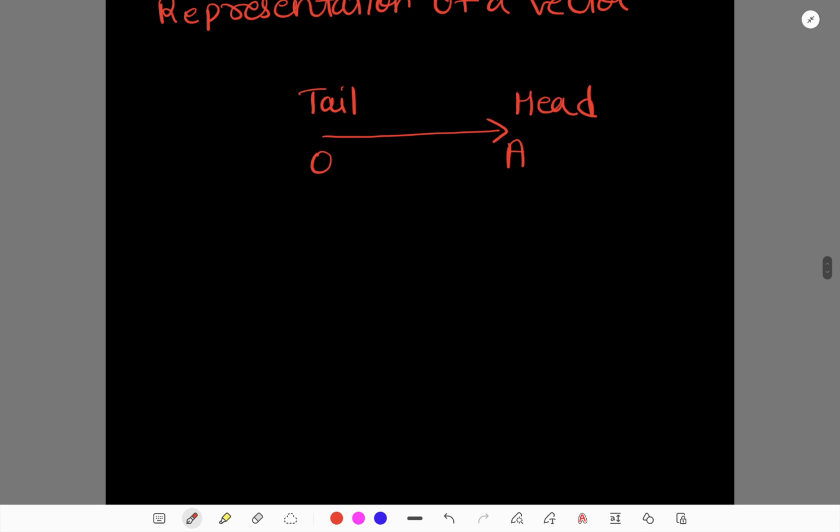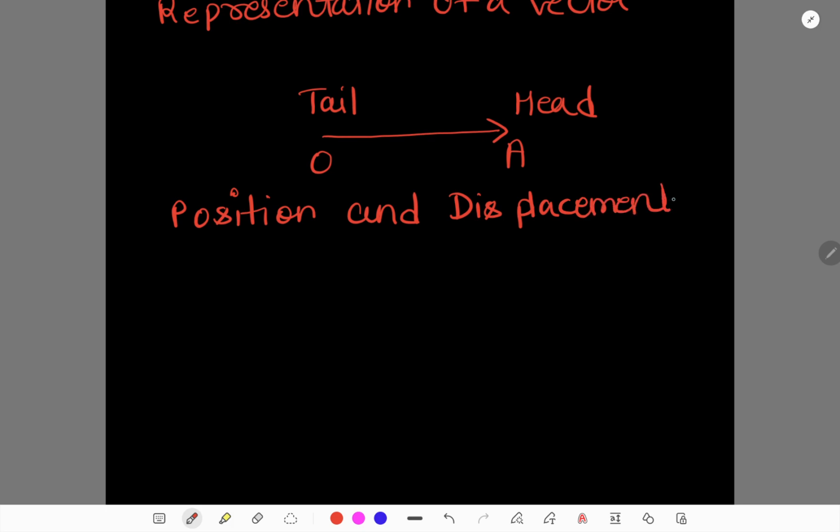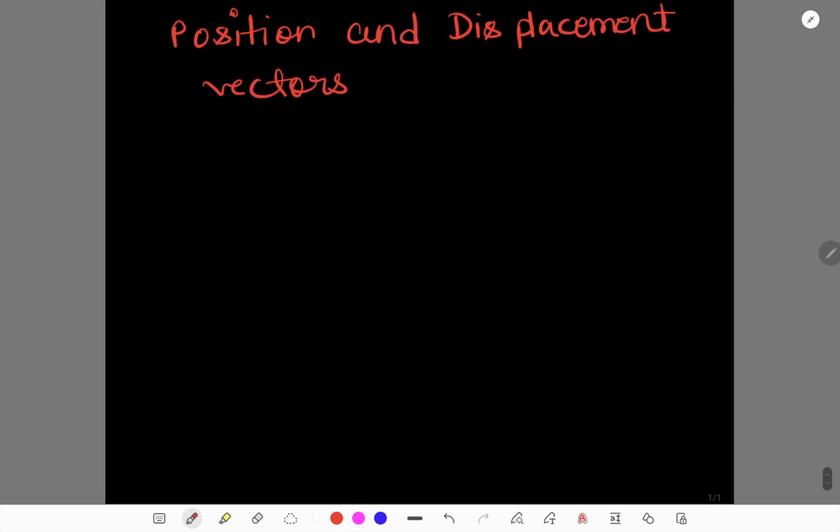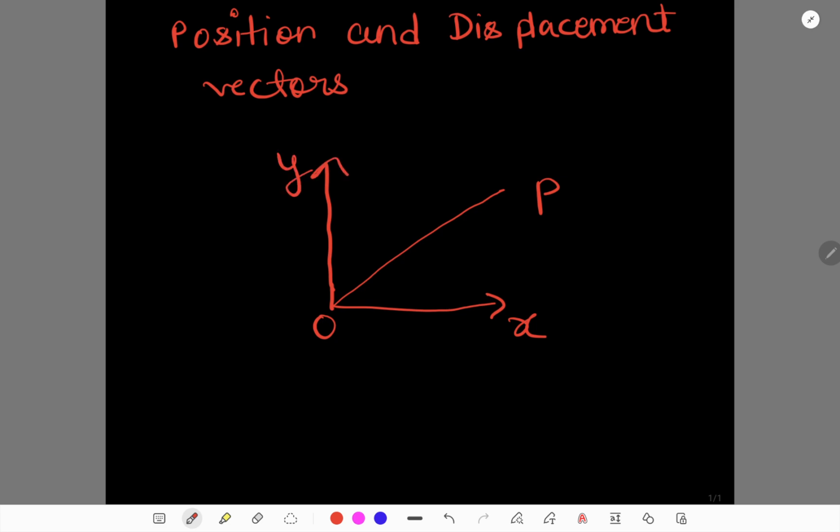Now position and displacement vector. For position vector, let's consider this graph, and this is a straight line OP, and this is the x-axis and this is the y-axis.